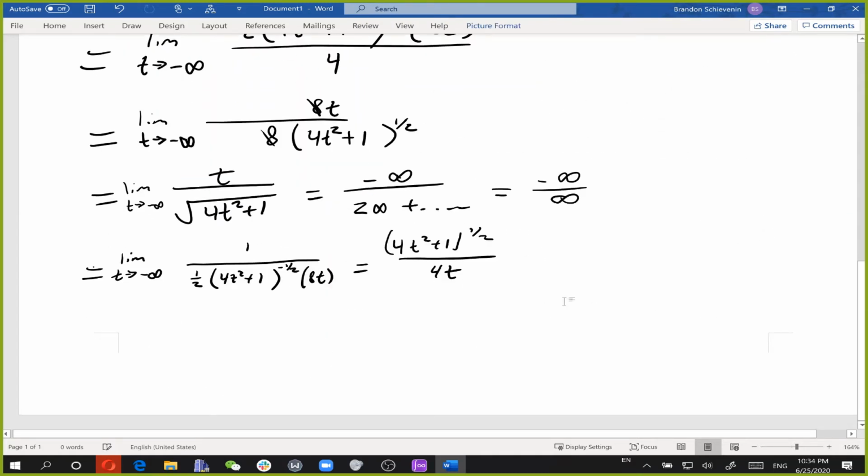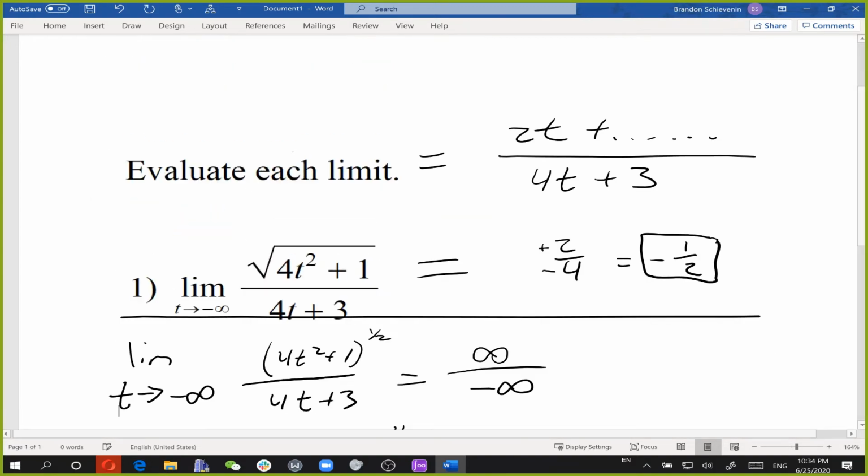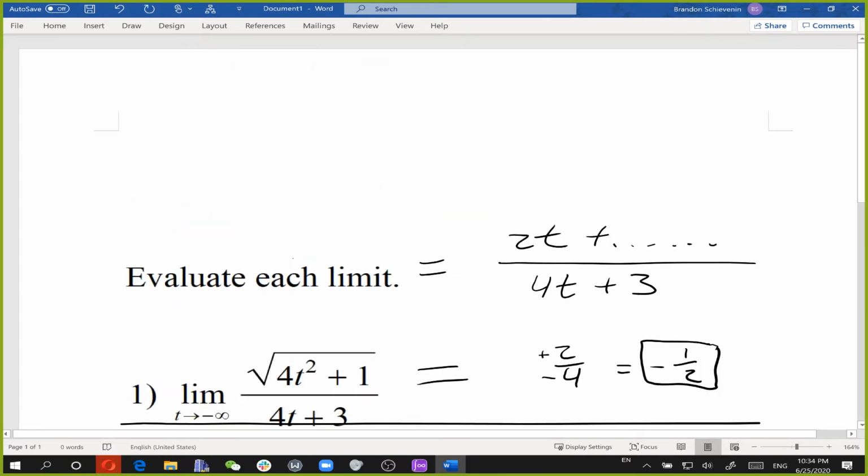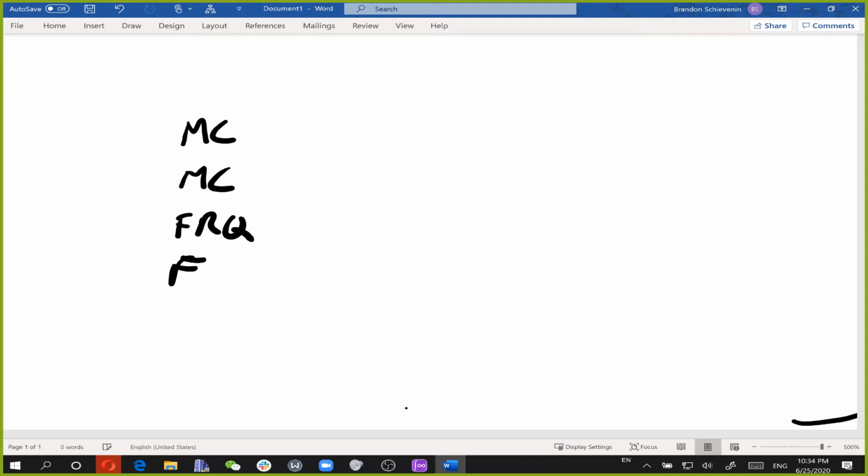Assuming that they actually do the full version of the AP exam this year, you guys will have something that looks like this. So you have a multiple choice section without a calculator.